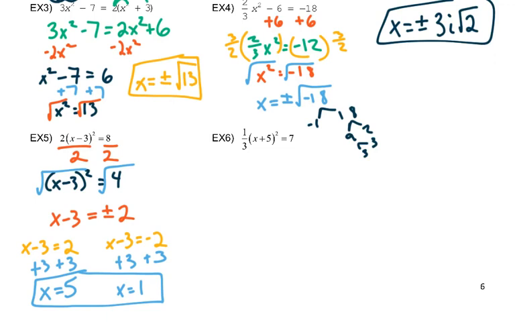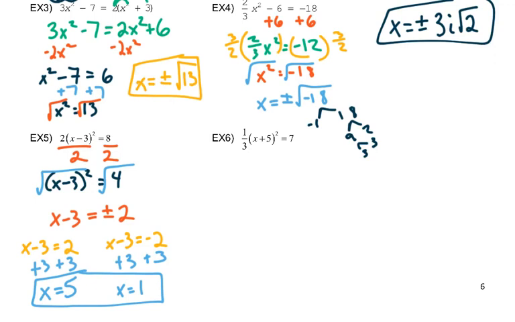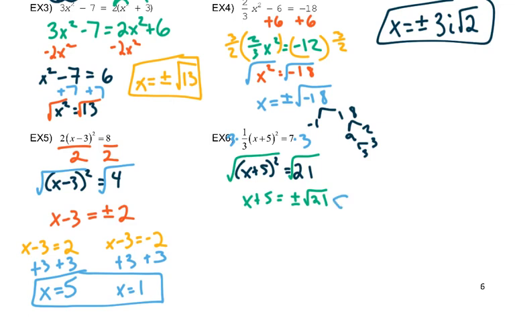So try number 6, same method we just did for number 5, and then check back with your answer after you pause the video. First thing I'm going to do is multiply by that 3, to get rid of the fraction out front. Then we can take the square root of both sides. We would try to simplify the square root of 21, but that's just 3 and 7, so there's nothing we can do to simplify it, and we'll keep it like that.